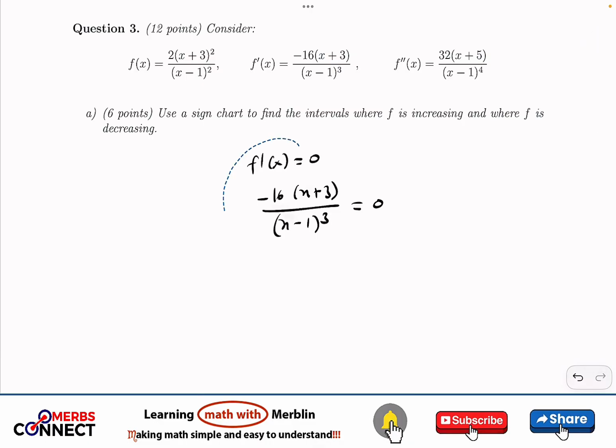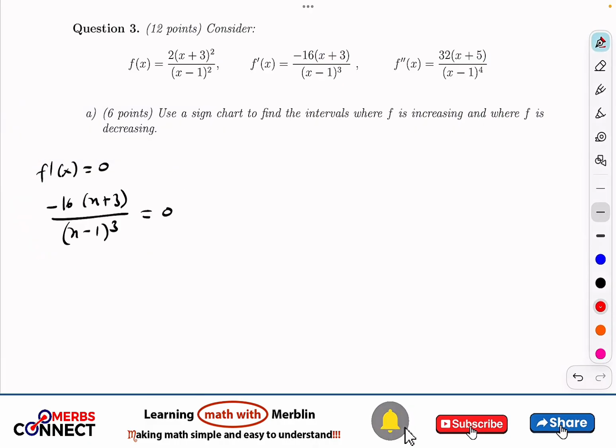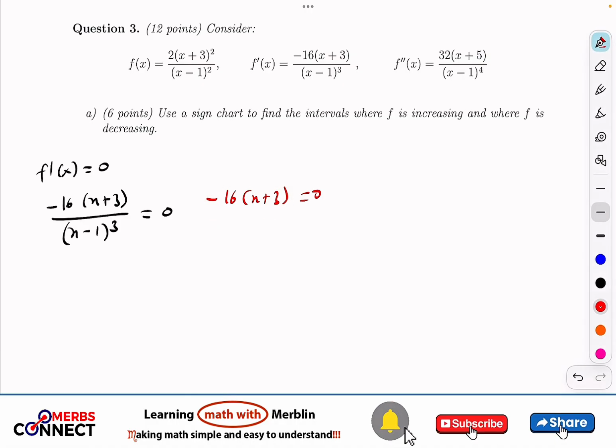Critical points are the points that make the function 0 or undefined. It means that here we need to think twice. We need to think about the values that will make the function 0, because this is rational. So I'll pick just the top and set it to 0, and think about the value of x that will make this one 0. I see that it is when x is equal to minus 3.